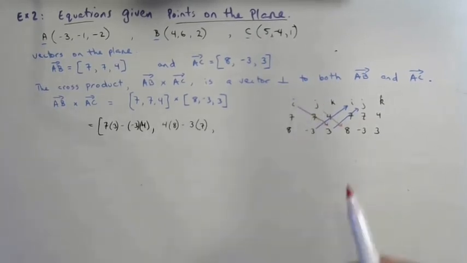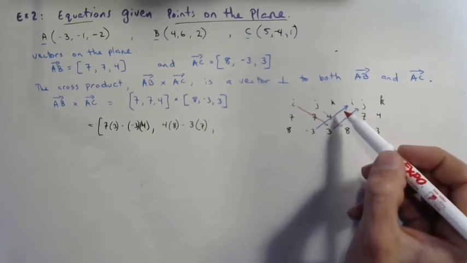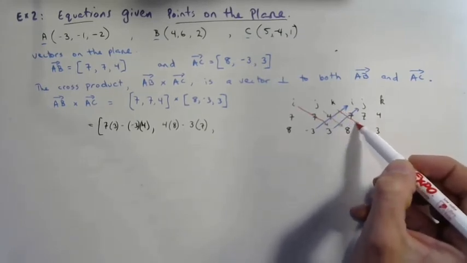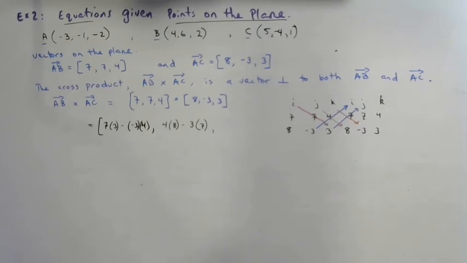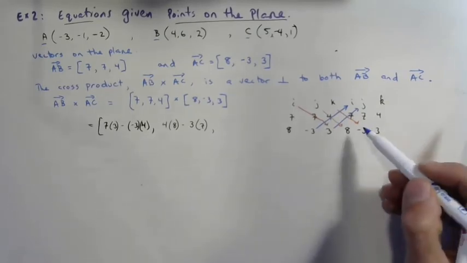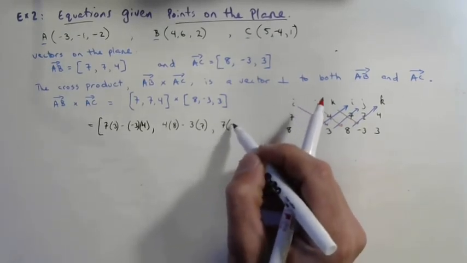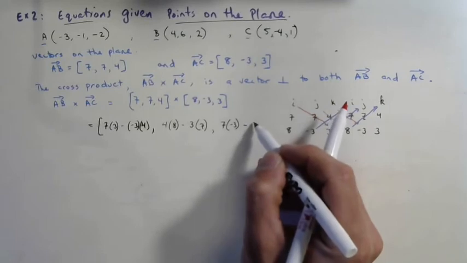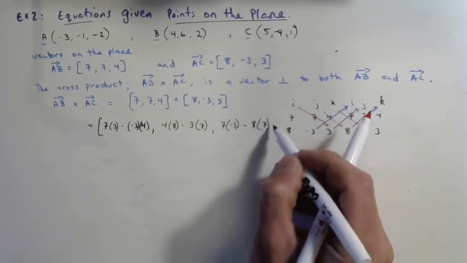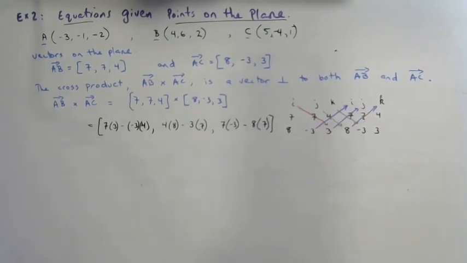And now our multiples of our unit vector in the z direction, we've got 7 times negative 3 minus 8 times 7. Let me just cap all my markers here for a second. Good, good. And now I simplify.